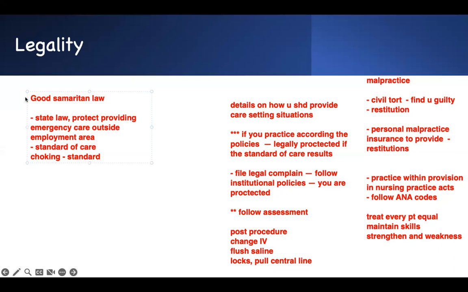You provided the standard of care and you will never be held liable. If somebody is choking and all you're doing is a neuro check, you're killing him. That's not standard of care. That's what they want you to avoid. But if something happens to the patient in the process of providing emergency care, you will not be liable if you provide standard of care.